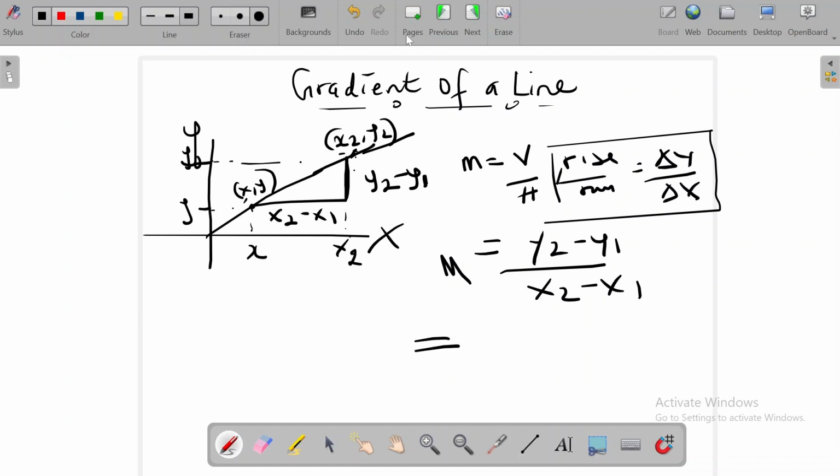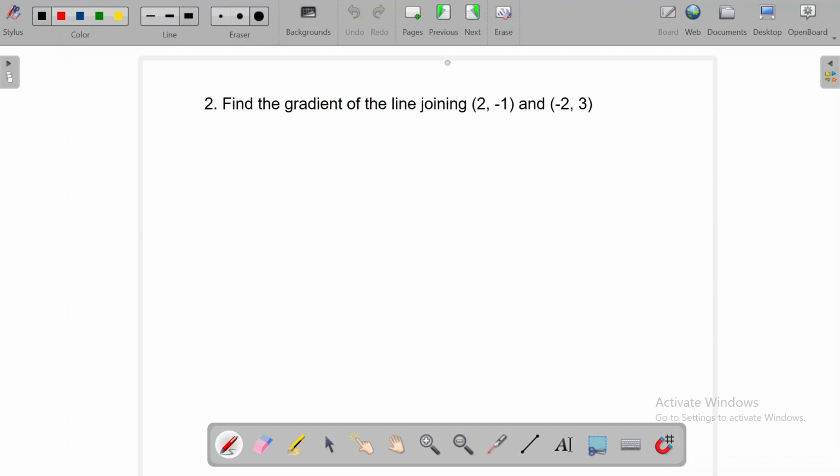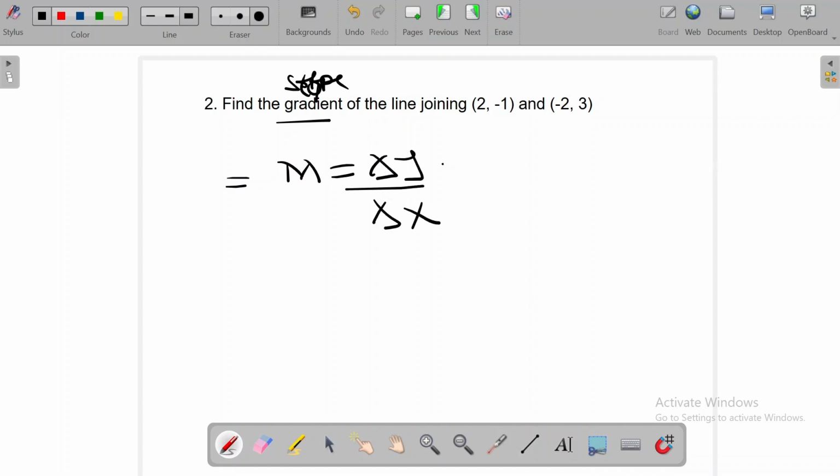So if I'm to look at an example, this would be find the gradient, or it could be called slope. This becomes my m, which should be the change in y over the change in x, which is y2 minus y1 over x2 minus x1.